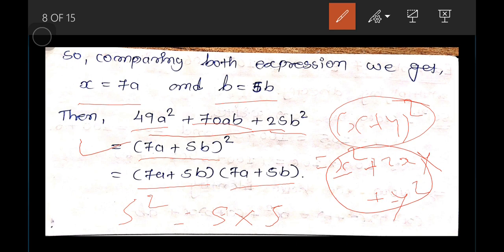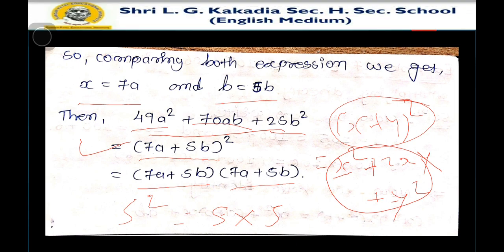So we have factorized 49a square plus 70ab plus 25b square as (7a plus 5b) into (7a plus 5b). So we can easily find factors by using these algebraic identities. Now let us understand more examples with the use of these algebraic identities.